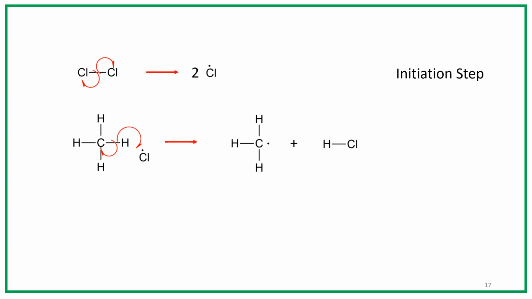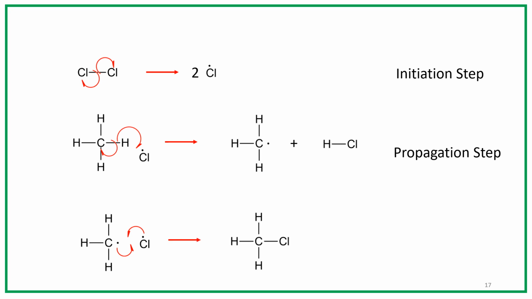It can form this kind of process where a radical reacts with another molecule to form another radical. Therefore, in this kind of step, reactants also contain radicals and products also contain radicals. We call these propagation steps. Then two radicals can be neutralized by making bonds. This type of reaction we call the termination step.